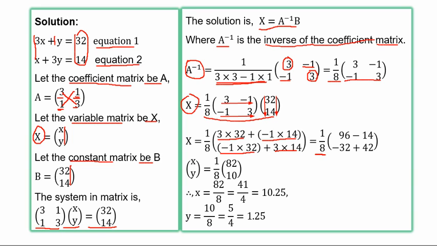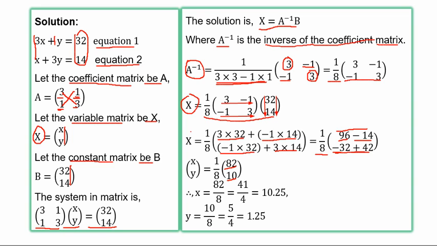So 1 over 8 is still there as a constant or a scalar. So you have 3 times 32 is 96, plus minus 1 times 14 is minus 14, minus 1 times 32 is minus 32, then plus 3 times 14 is 42. So here 96 minus 14, you have 82, minus 32 plus 42, you have 10.